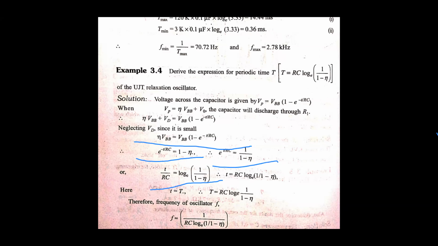Frequency we know is 1 by T, so the frequency expression is F equal to 1 divided by RC log of 1 divided by 1 minus eta. These kinds of problems they can ask: designing a relaxation oscillator to trigger the SCR, or the derivation of the time period or frequency of the UJT relaxation oscillator.